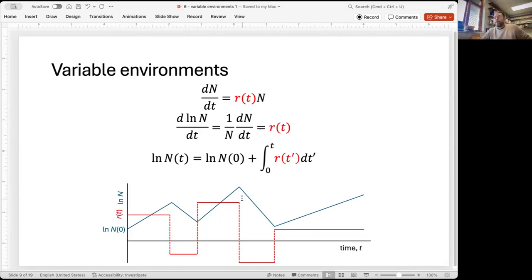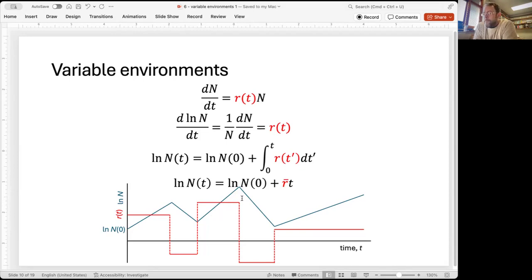Okay. This is thanks to this being a simple linear equation that we can solve it. And then finally, we can rearrange that and replace that integral by the average growth rate, r bar. And then we just multiply that average growth rate by the time t.